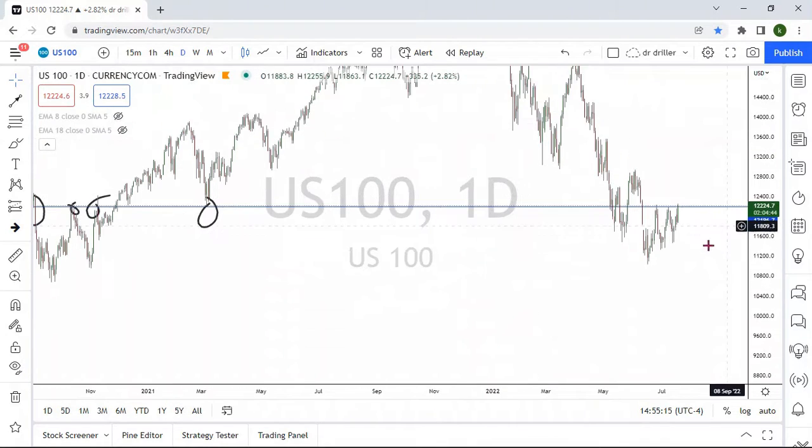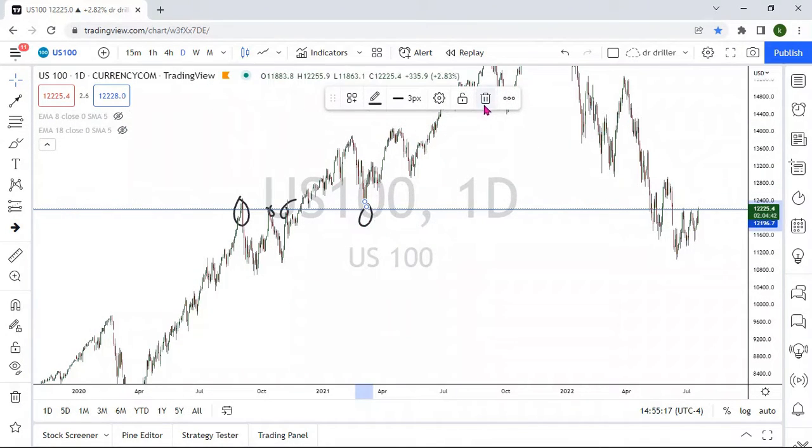Can I just mark out this level over here and make it a respected level, because it is a respected level. If you look at it, it's a respected level. Where's my rectangle tool?